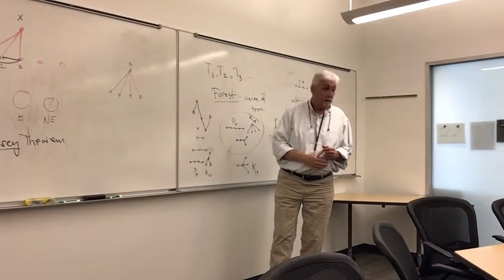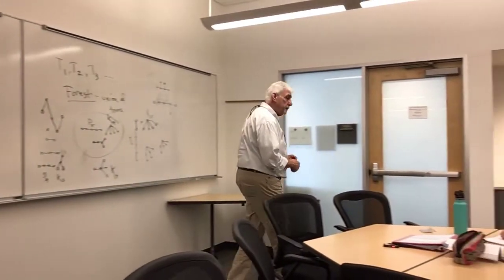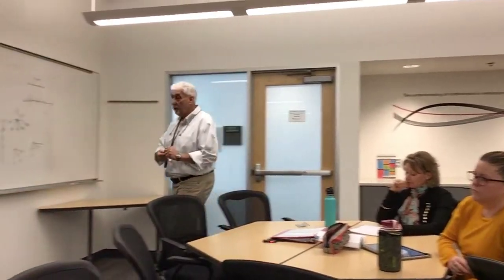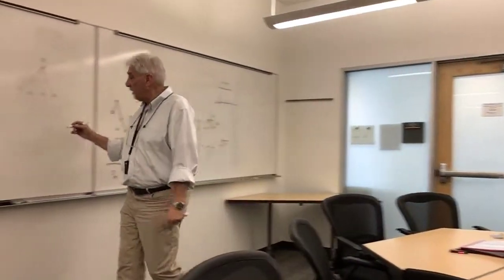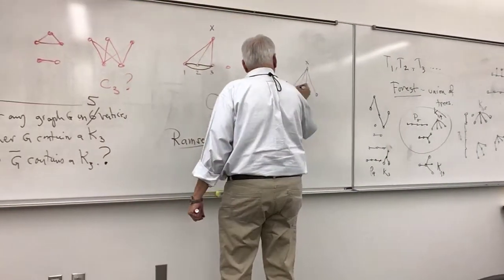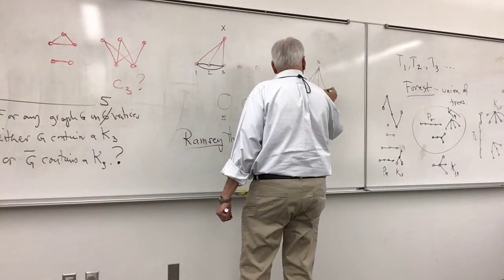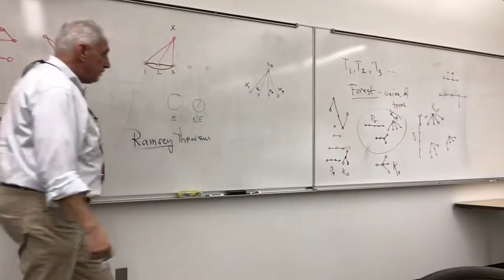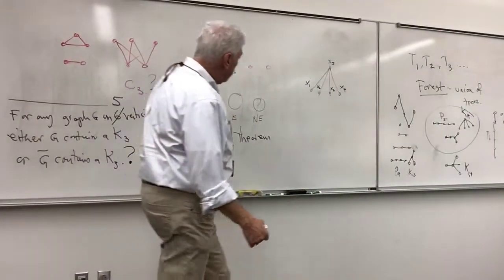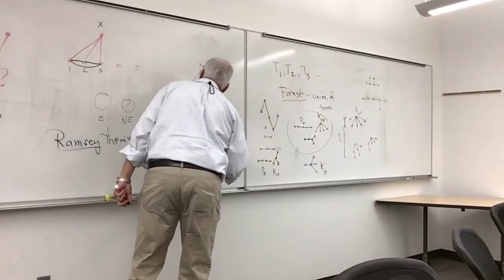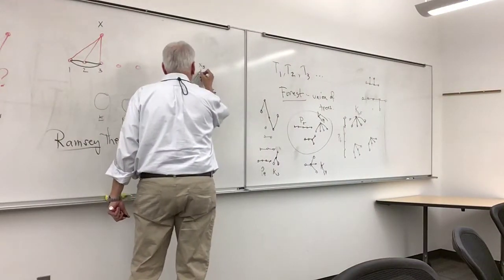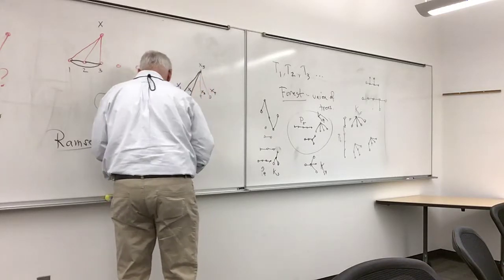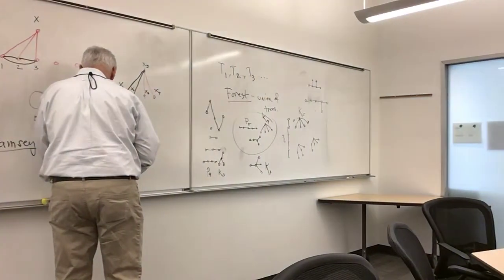Can you see those colors? I can't. Let's label the vertices 1, 2, X1, X2, X3, X4, X5. And can you see which ones are black? I can't. These are black. No, these are black. And these are red.